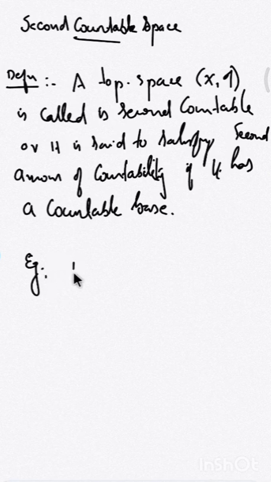Our usual space, the real line with the usual topology τ_U, also called the standard topology. This space is a second countable space.